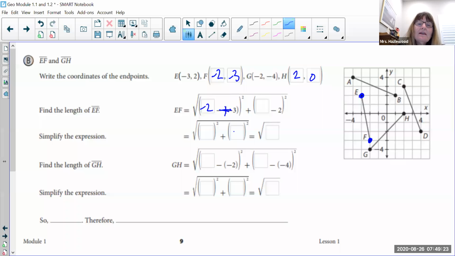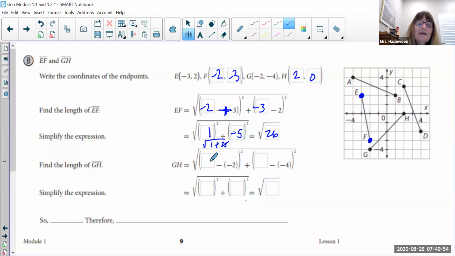Therefore, I'm going to add those. So that makes that a 1 squared. And then my Y values are a negative 3 minus 2. So when I add those together, it's a negative 5. So 1 squared is 1. And then 5 squared is 25. So this is radical 26.